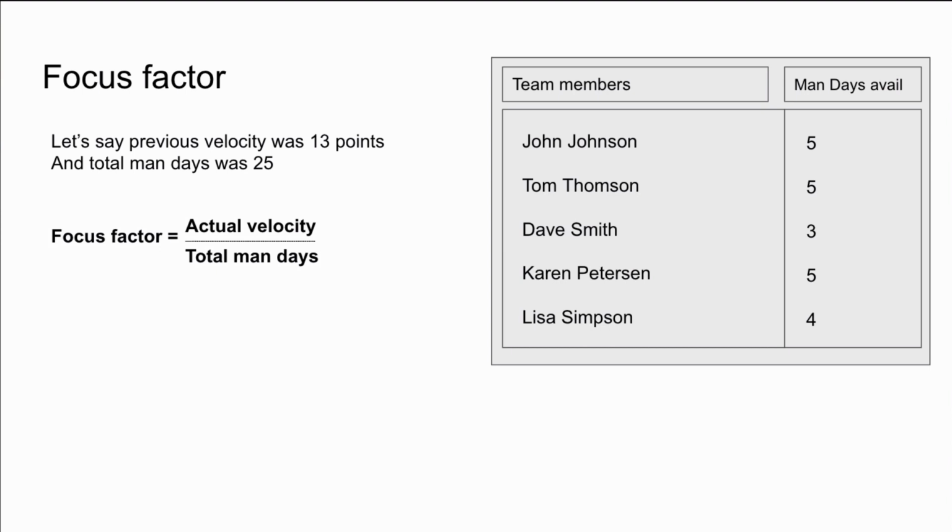So the actual velocity was the story points that were completed in the done column, remember? So that's 13 points. So we then have 13 divided by 25 is 0.52.